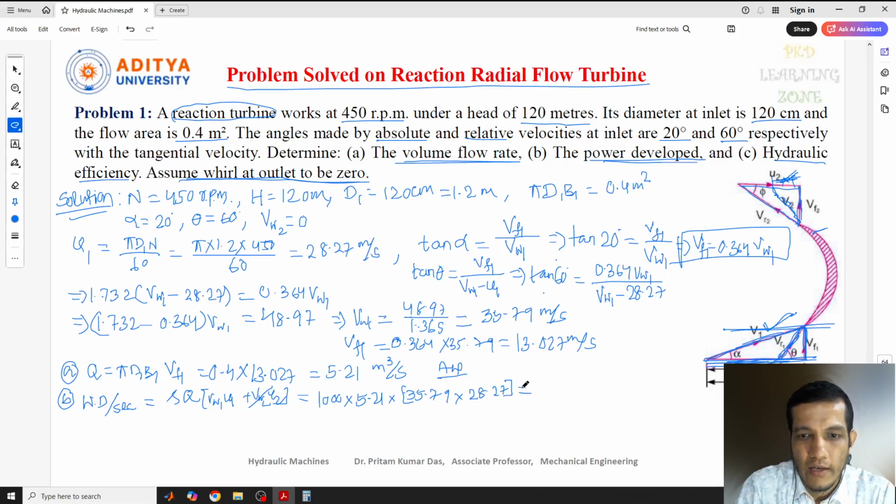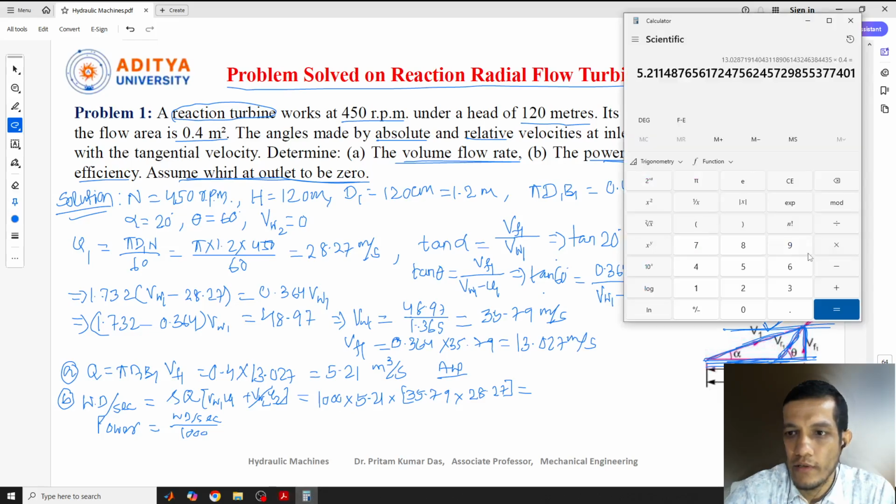We'll get the work done. And with respect to power, if you want to calculate, we can write power is nothing but the work done per second, what we got here, divided by 1000. So that much kilowatt we will get. Anyway, I'll just write this value: multiply 1000, multiply 35.79, again multiply 28.27.